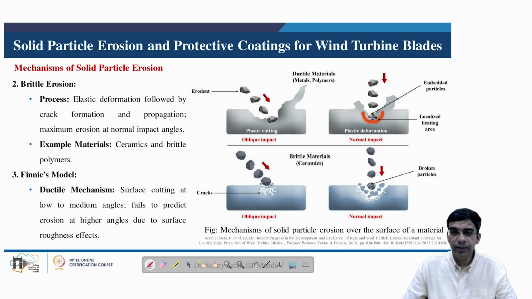So all the brittle materials like ceramics and brittle polymers come in the category of brittle erosion. Then we have the Finnie model, where the ductile mechanism is discussed based on the surface cutting at low to medium angles and fails to predict erosion at high angles due to surface roughness effects.